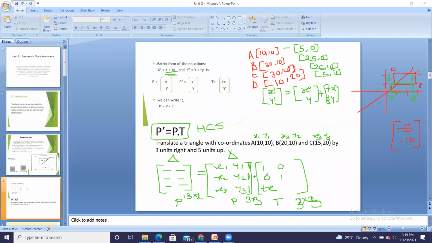So x1 plus Tx is the ultimate result that I will get over here. Similarly, when I multiply this first row with the second column, I will be adding here Ty so that x will become 0, y1 will remain as it is when multiplied with 1, and 1 into Ty, that is addition of Ty, will take place in the y.